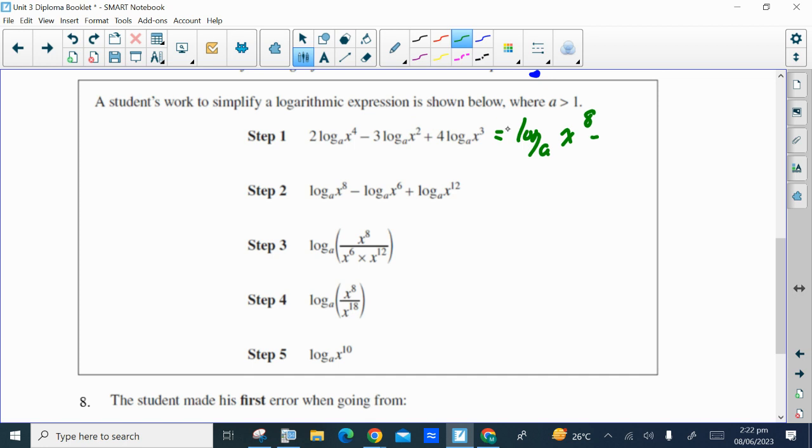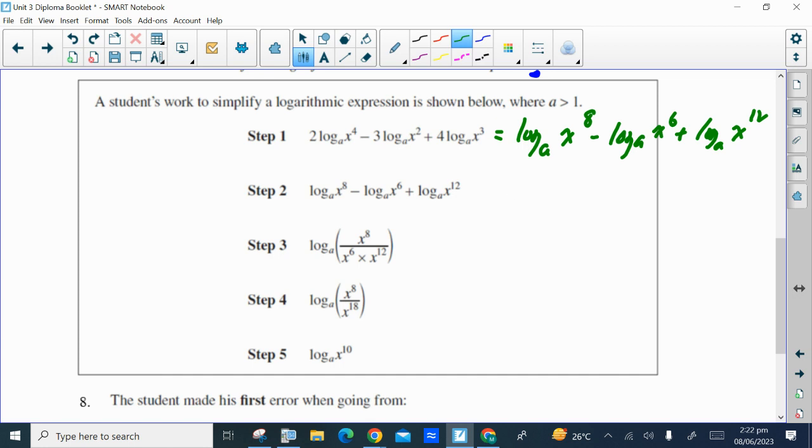Minus, when you bring this coefficient of 3 up as an exponent, x squared all cubed is x to the 6th. And for the last one, same thing. It'll be log base A of x to the cubed all to the 4th, which will be x to the 12th.